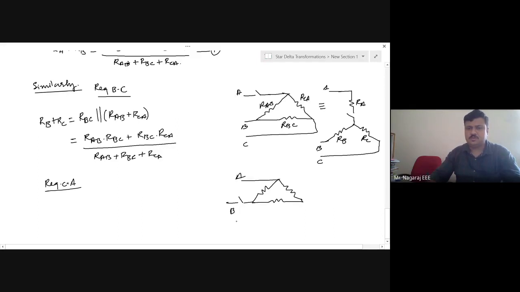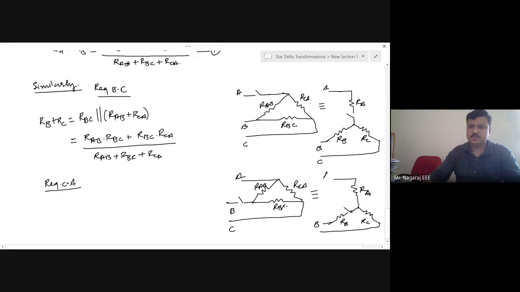So A, B, C. This is RAB, RBC, RCA, which is equivalent to RA, RB, RC, this is terminal A. So here it will be, now when B is open, RA plus RC.